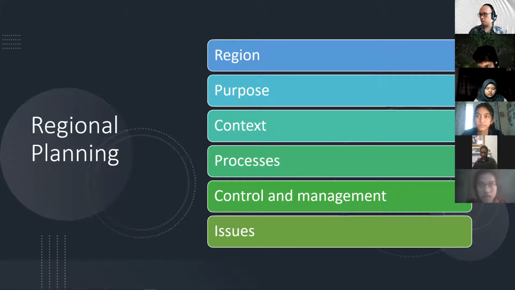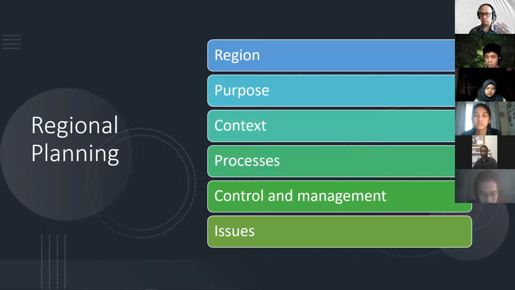Those two have been mentioned, and I'll provide you with a little bit of context just so that you can get a grasp of the complexity or the difficulties that our government and our society face in trying to bridge this inequality gap. And then I'll introduce a couple of regional planning processes, and then the issue of control and management.